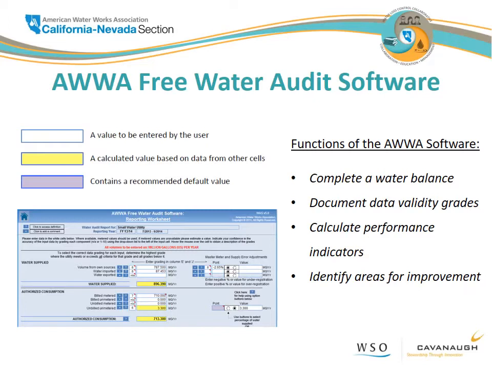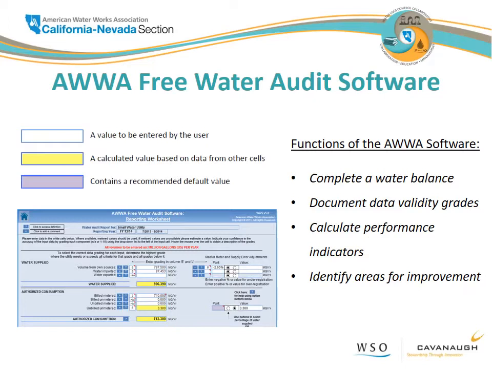If you see a yellow cell, that represents a calculated cell. You do not need to enter anything there. And then we have a purple colored cell that is representing where there's an option to utilize a default. And so as you go through this as the person populating the information in the audit worksheet, you'll have the decision if you want to utilize the default or use a value of your own.